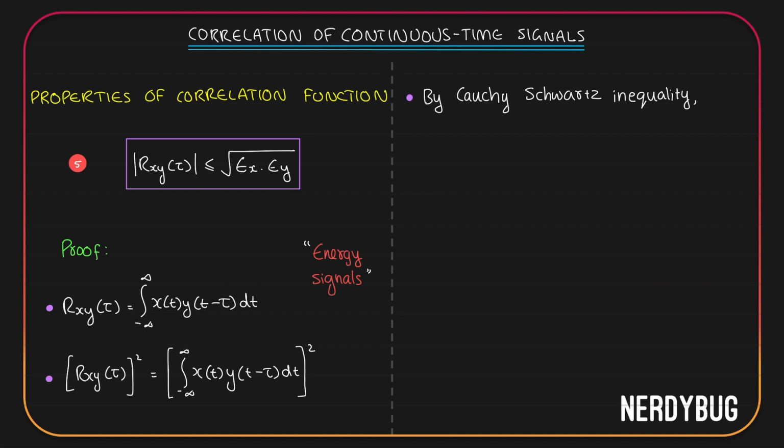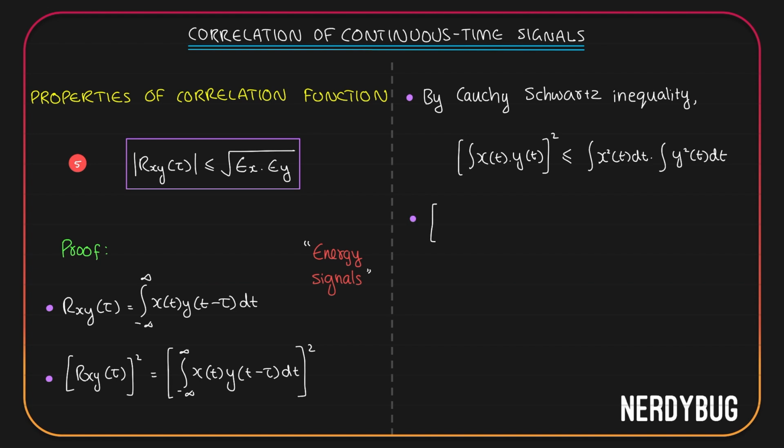By using a mathematical inequality called the Cauchy-Schwarz inequality, if we take the integral of x of t into y of t and square it, it will always be less than or equal to the product of the integral of x square of t dt and the integral of y square of t dt.